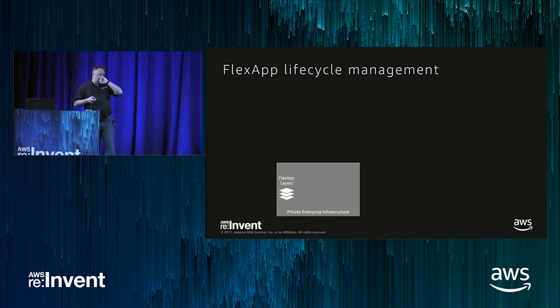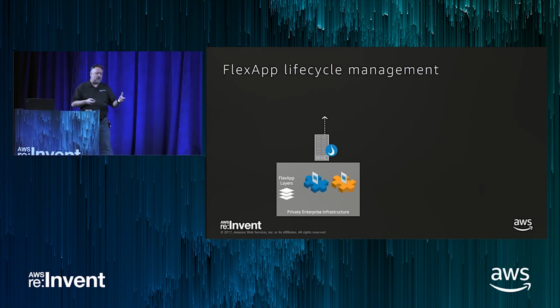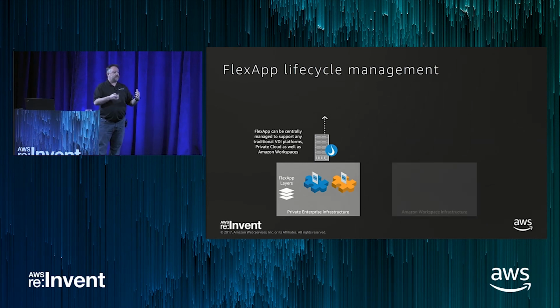So if you get down to it, we have portable FlexApp layers that attach to or live inside of your on-prem environment, either on CIFS or regular storage or whatever your infrastructure says.